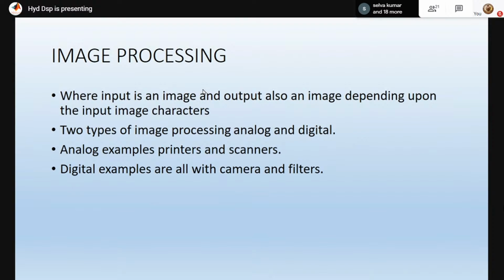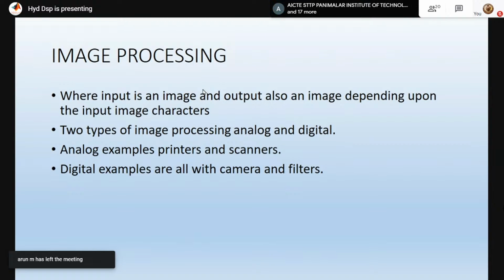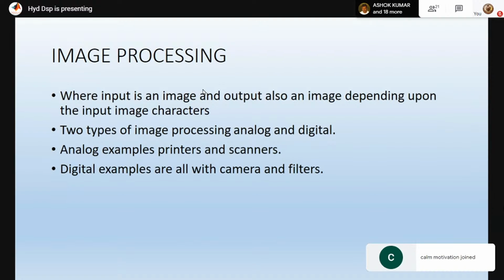Here, input image characters means simply range information, channel information, what location the pixel has, and another important thing, color, as well as shapes. These things we call image characters. Based upon the input image characters, according to our requirement, we can get the output image.